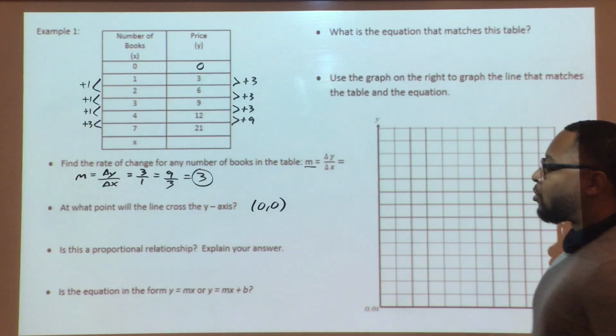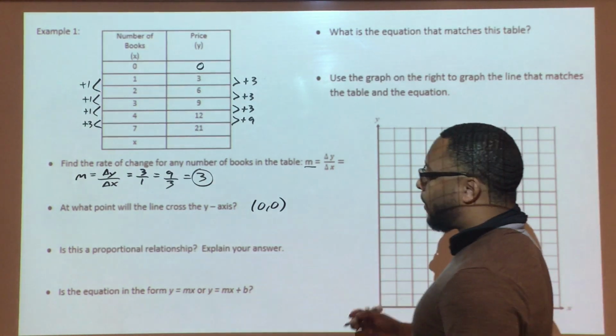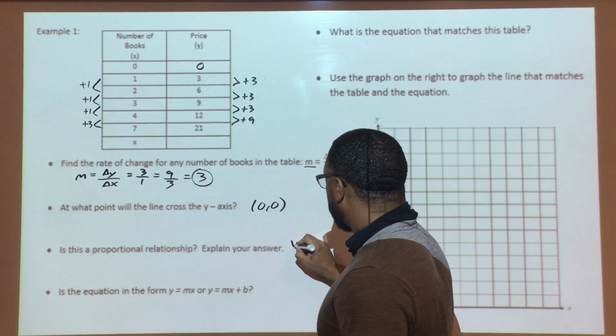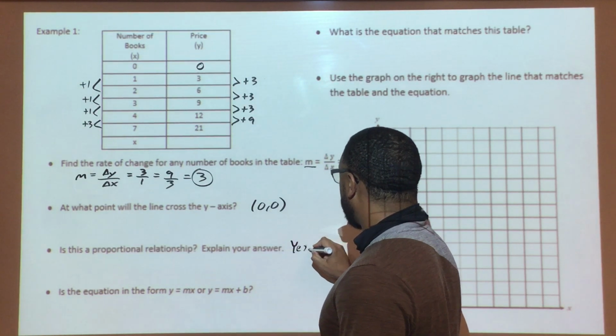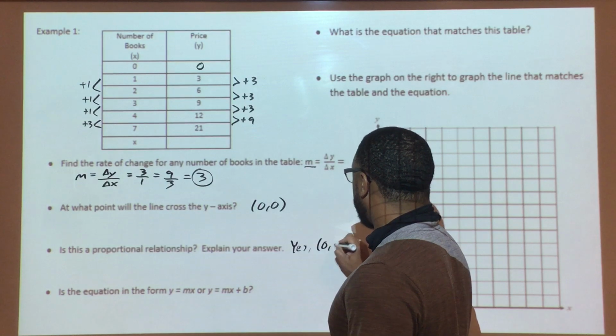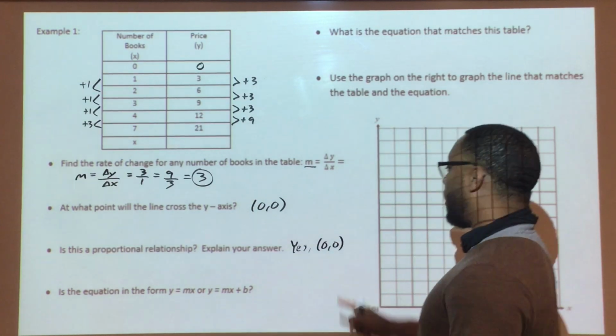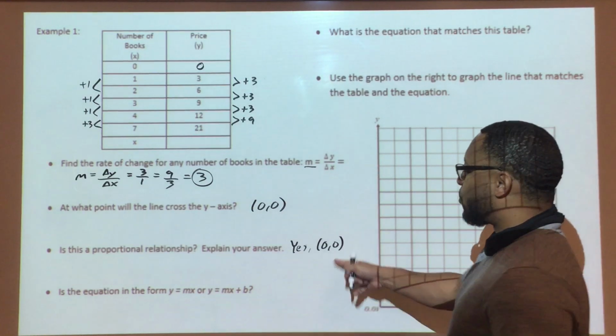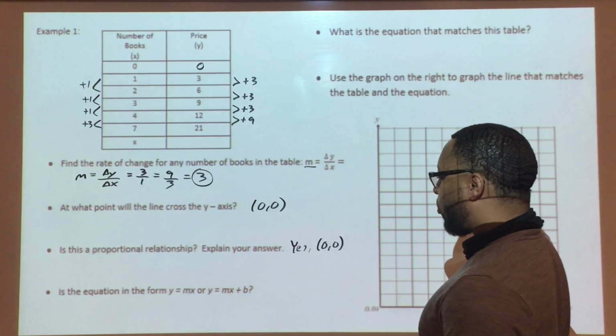Is this a proportional relationship? Well, if you look back at our previous slide, we would say, yes, this is proportional. And the reason is because the line goes through 0, 0. If it went through 0, 4, then it would not be proportional, but it goes through 0, 0, so therefore it is proportional.